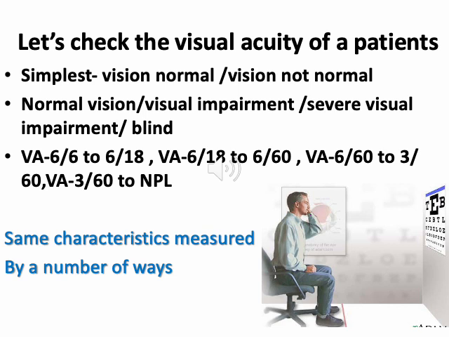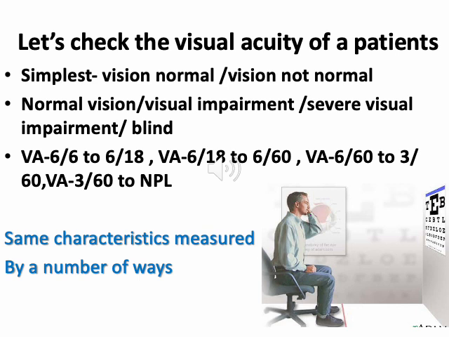We all know about visual acuity. There may be different ways, from crude to very scientific, to know about the visual acuity of a person. The simplest way is to say the vision is normal or not normal.